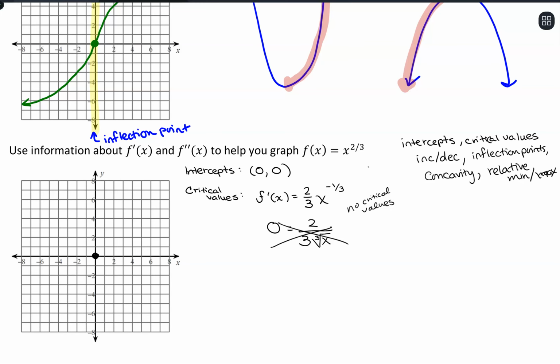So I'm going to plug in a 1, because that's a nice one to take a weird exponent of. That just turns into a 1, so that's a positive 2/3. That tells me we're increasing everywhere because that derivative would be positive. So we're increasing from negative infinity to positive infinity.